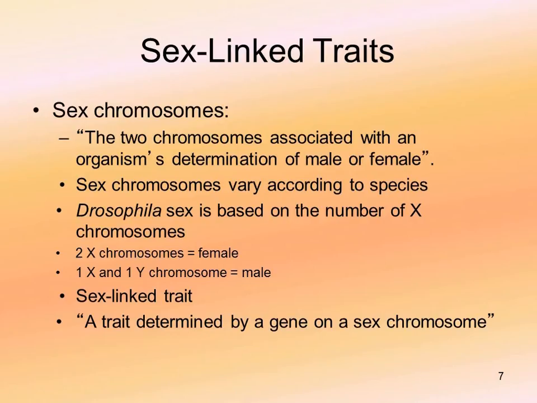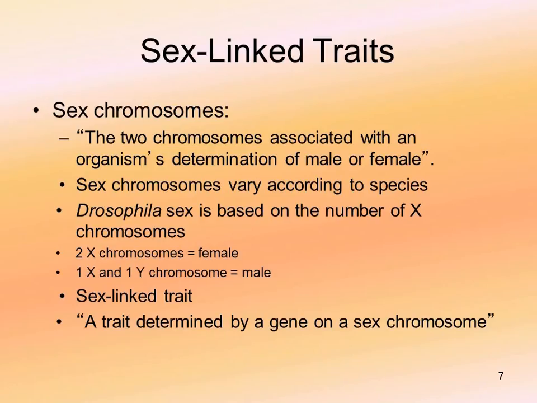And we talked about this when we talked about asexual reproduction and the Komodo dragons. A sex-linked trait, then, is a trait that is determined by a gene which is found on a sex chromosome. Most sex-linked traits are found on the X chromosome just because of size.